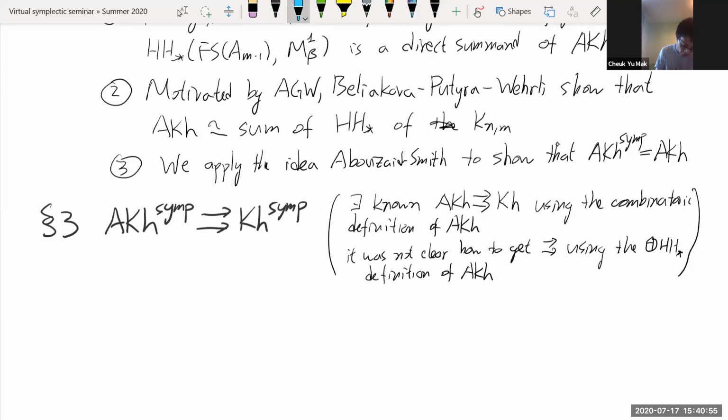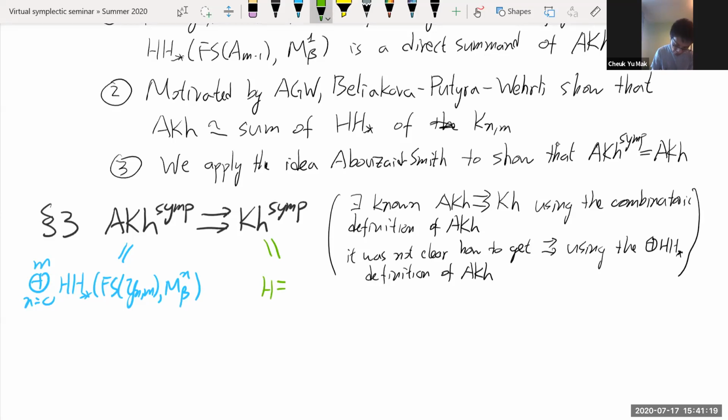So let's recall this symplectic annular Khovanov homology is the sum of the Hochschild homology with coefficient in the bimodule M beta n. And on the other hand, this guy is the same as the Lagrangian Floer cohomology between this guy and that guy.